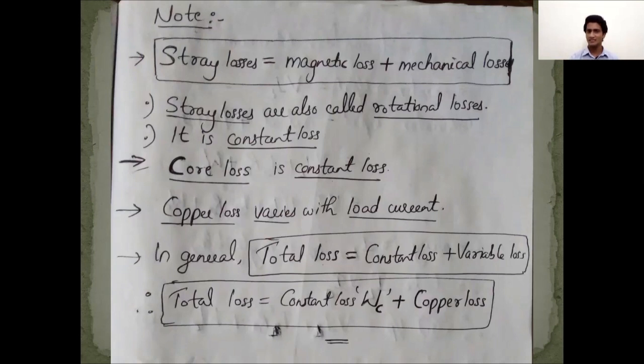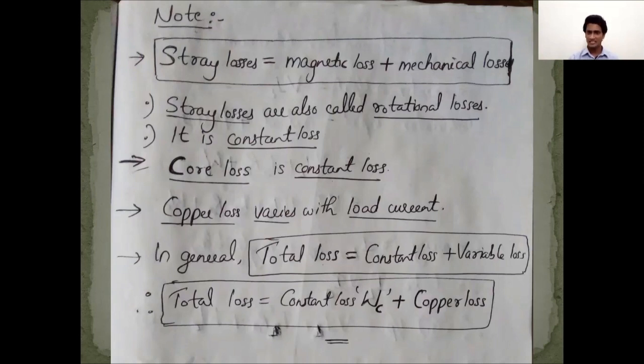And I said before that core loss or iron loss or magnetic loss is a constant loss since it depends on voltage. Mechanical loss is also considered a constant loss. So the entire stray loss will be a constant loss.